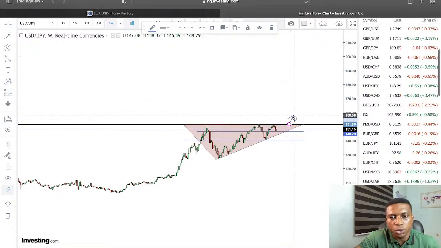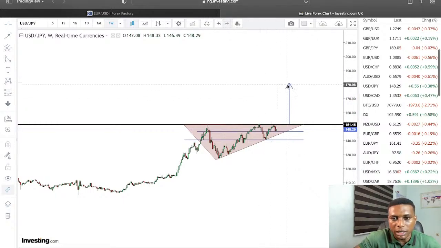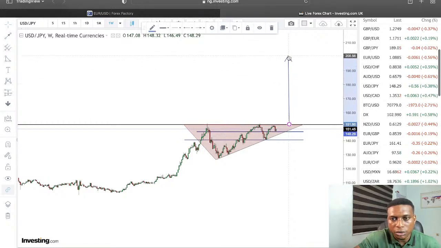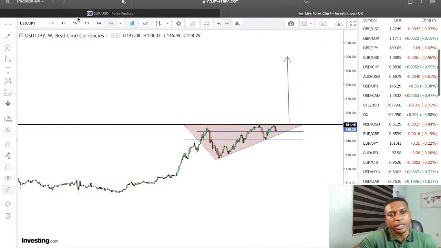So there will be a breakout from this level, and my target price is 200. That's my target price.